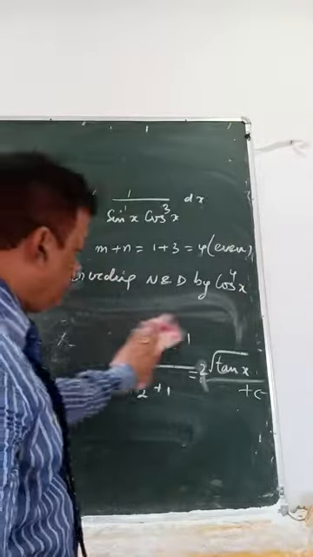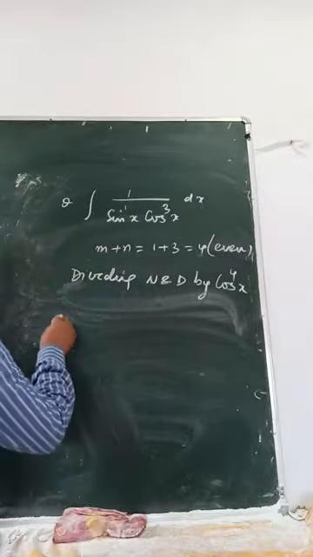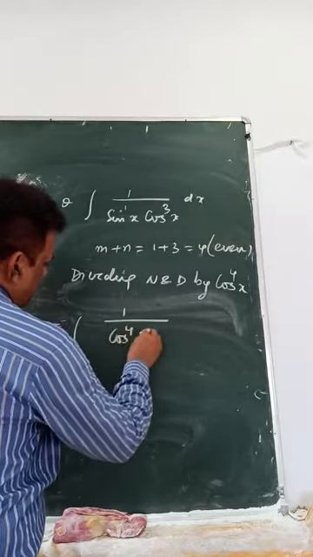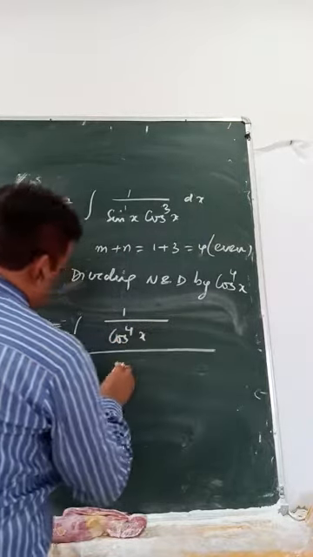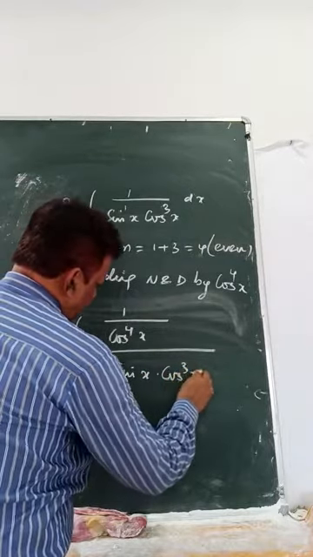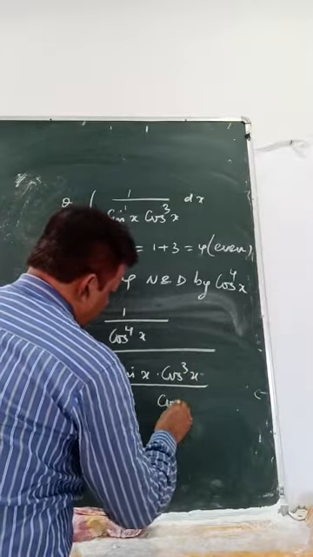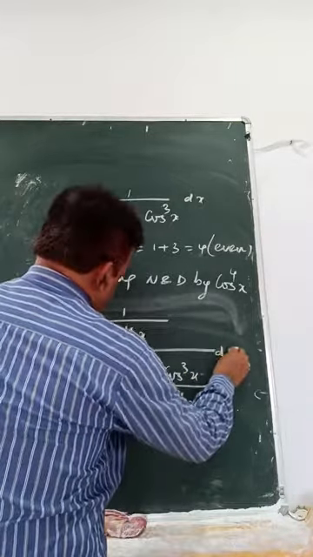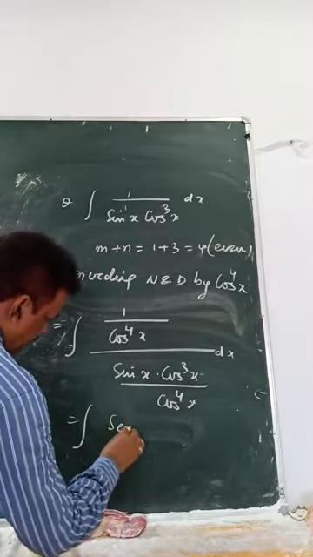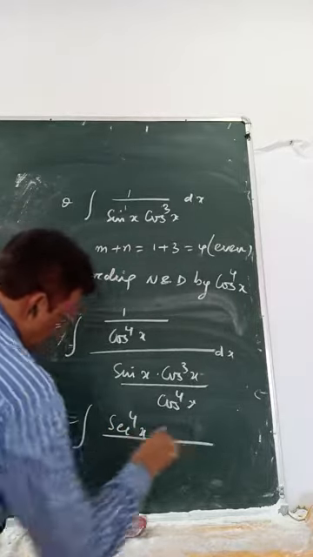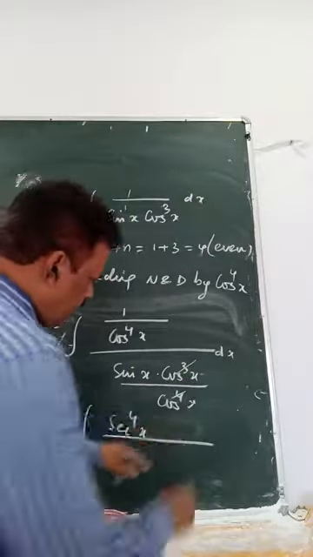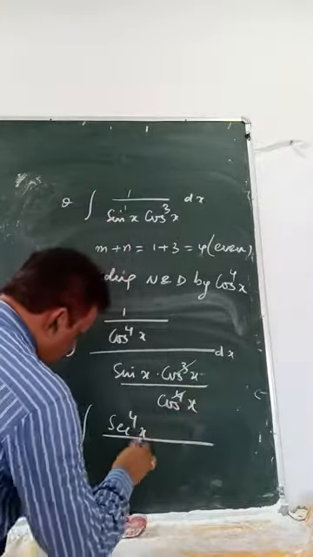So it became 1 by cos 4x divided by sin x cos cube x by cos 4x. Look at what you are going to get. This became sec 4x. This is cancelled. Sin by cos is tan x.